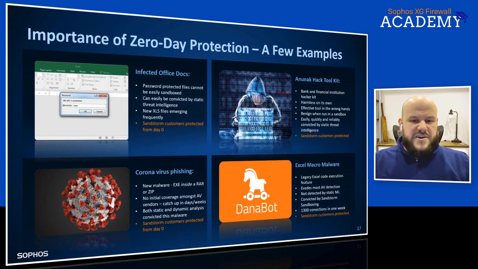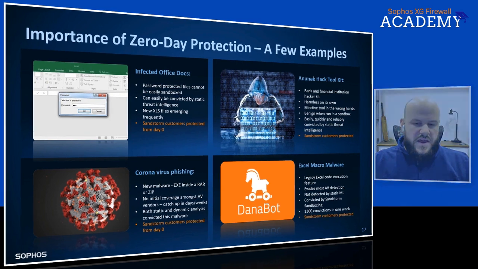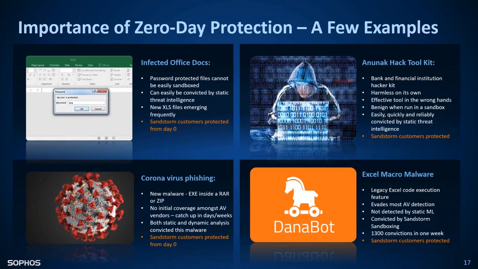But why is this technology so important? What kinds of threats does it stop? So here are 4 examples of recent threats that Sophos Labs shared with me that would not be stopped if a customer didn't have Sandstorm in version 18 of Sophos XG that would be analyzing these threats.